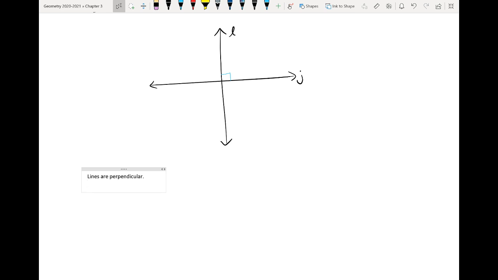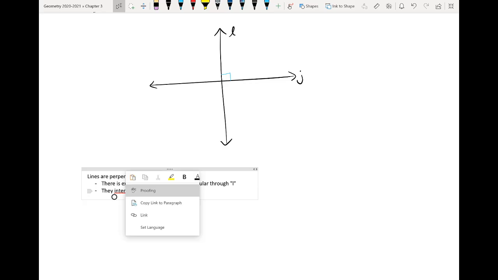Here, there is exactly one line that is perpendicular through L. Okay, and that line in this case is J. What's created here when we have those perpendiculars is the following. They intersect to form 4 right angles. Let's go ahead and fix that spelling.